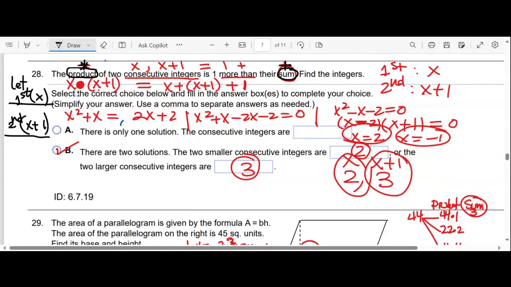So what does product mean? So the product of 2 consecutive integers is going to be X times what? X plus 1. He said is. What does is mean? Equals. So we put equal. 1.